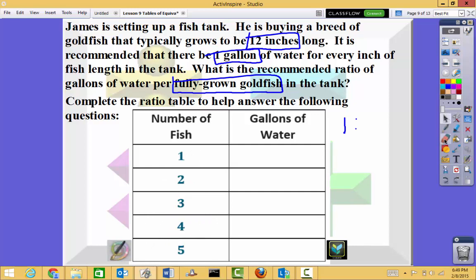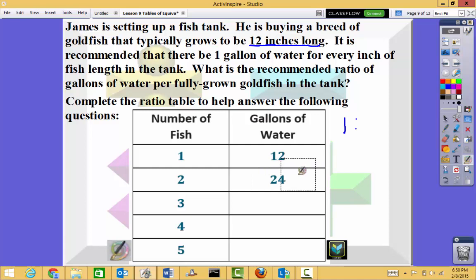Now I need to figure out my number of gallons. Well, one goldfish is 12 inches long. If it's 12 inches long, how many gallons would that be? Well, it needs 1 gallon per inch. So if it's 12 inches long, that means it needs 12 gallons. If I have 2 goldfish, that means there's 24 inches in there.